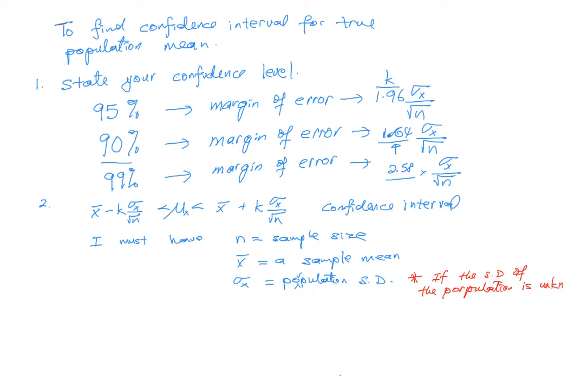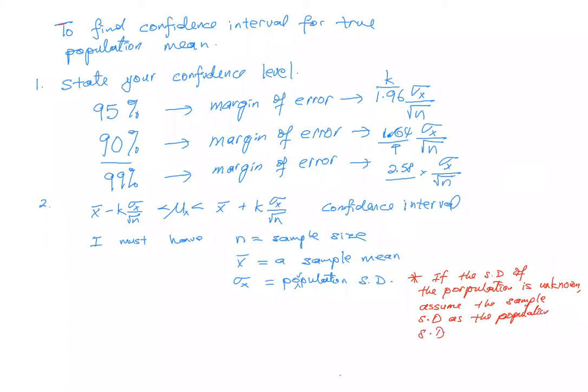It's unknown. That means you don't know. Then what should I do? Bear in mind, I will assume the sample standard deviation as the population standard deviation.